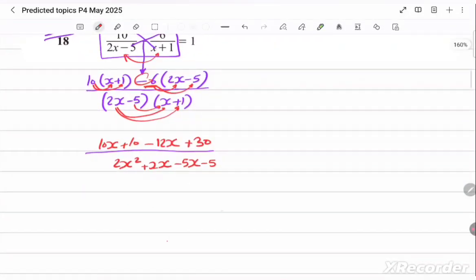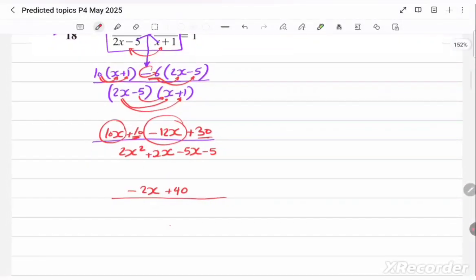Okay, now let's simplify and collect the like terms. We have 10x minus 12x, which is negative 2x, and 10 plus 30, which is plus 40. Then let's collect the like terms here.